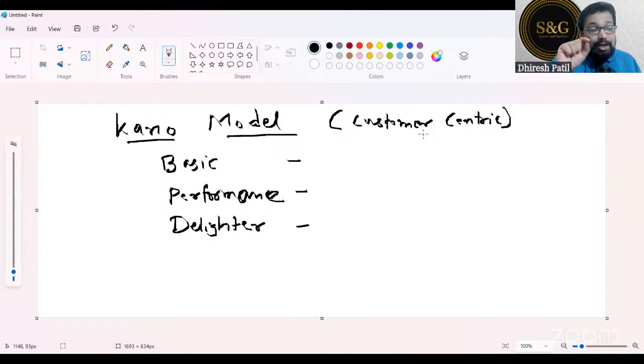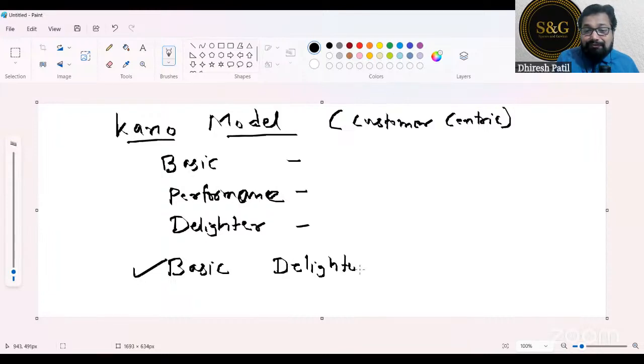Now, what Kano says, now this is very interesting. What Kano says, in the solution identification, you go for whatever solution will improve the basic requirement, and whatever will give a delighter feeling to the customer.